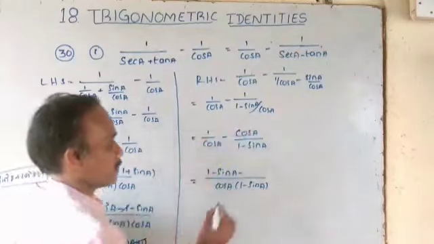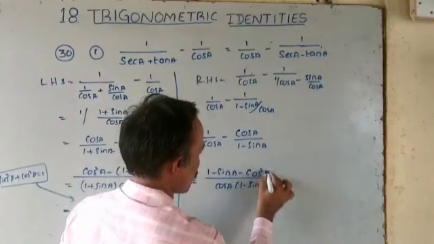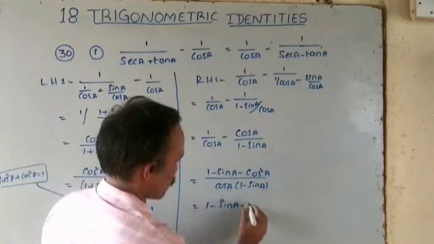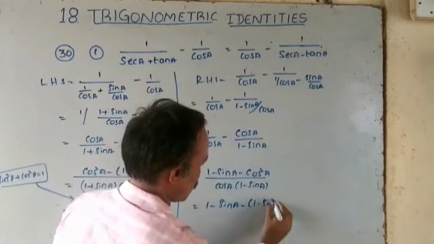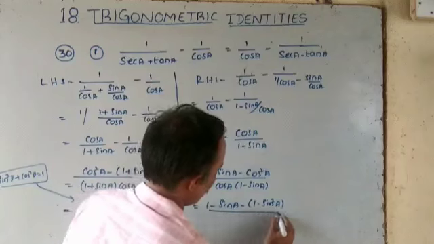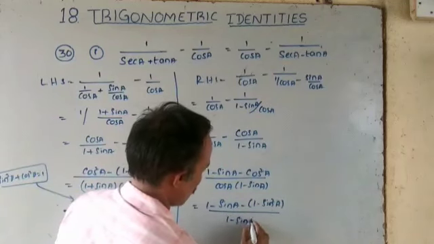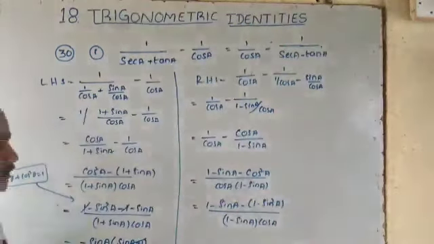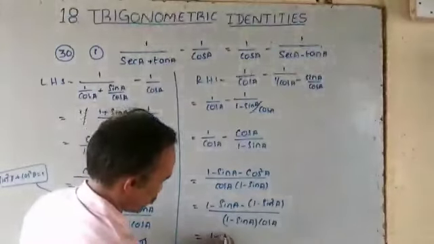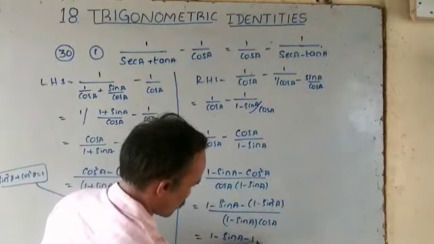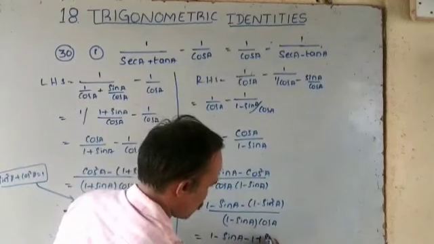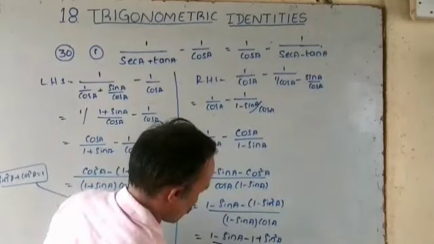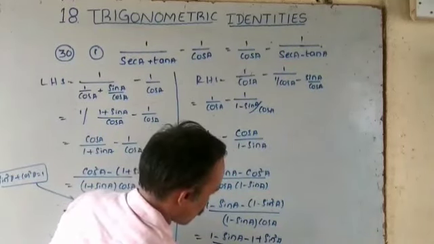Remaining cos A into numerator cos A, that is cos square A. So this is equal to 1 minus sin A minus cos square A, which can be written as, again by using the identity, 1 minus sin square A, divided by 1 minus sin A into cos A. Next, this is equal to 1 minus sin A minus 1, minus into minus plus sin square A, divided by 1 minus sin A into cos A.